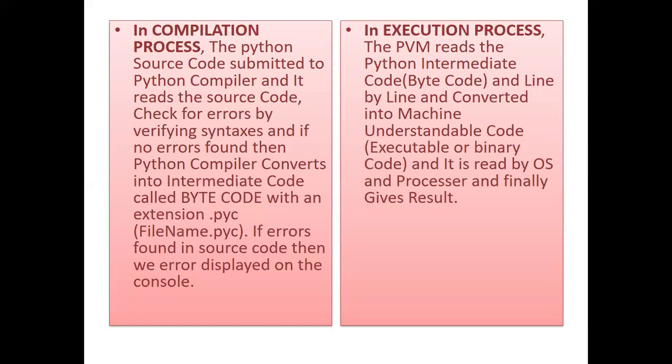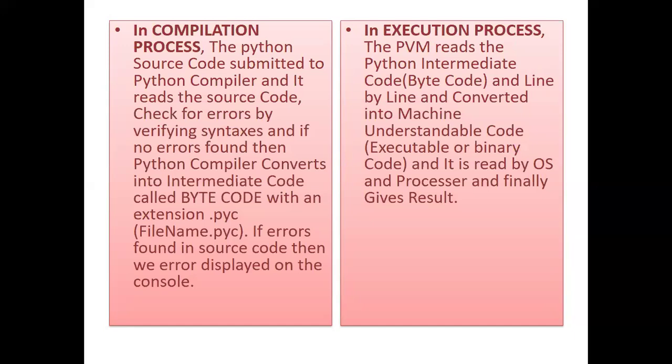And if no error is found, then it will convert it into the bytecode with the extension .pyc. So whatever file we saved with the .py extension will be converted into a file with the same name and extension .pyc. This is an internal process.